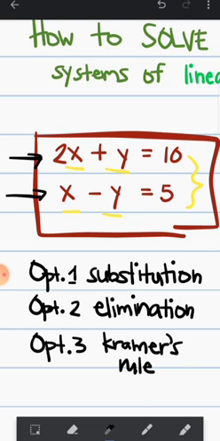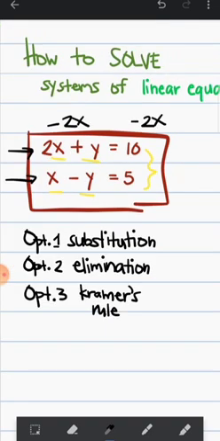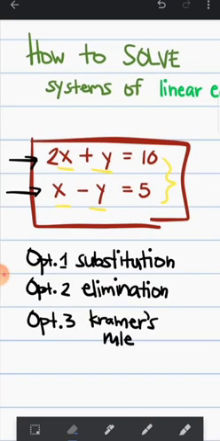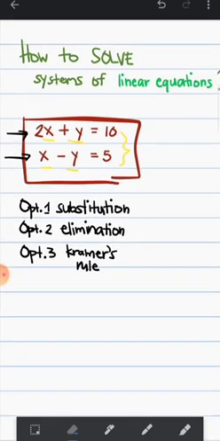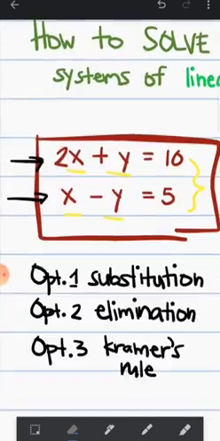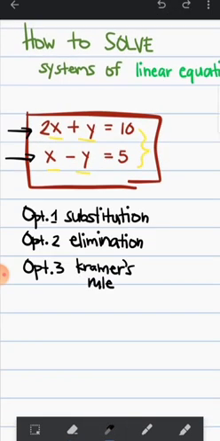For example, if I want to isolate y, I could just subtract 2x on both sides, and then I can isolate y. Or if I want to isolate x, I can move y and divide both sides by 2. Either of those will work, and then substitute it into the other equation. Or I can start with the other equation and substitute it into this one.